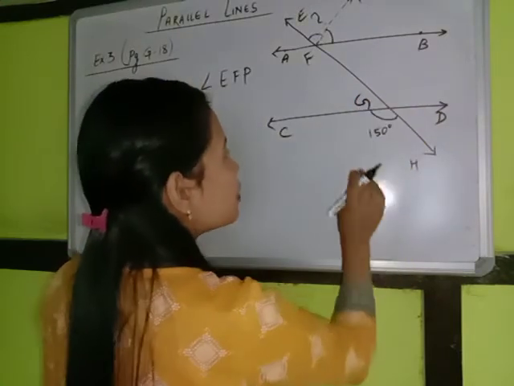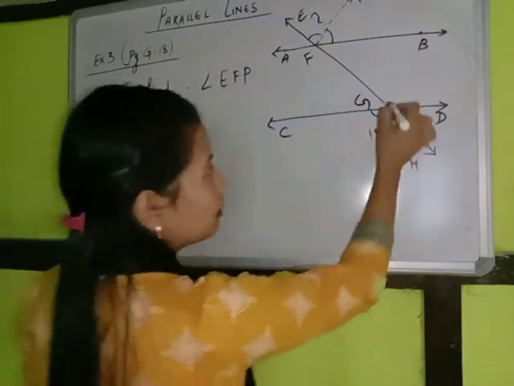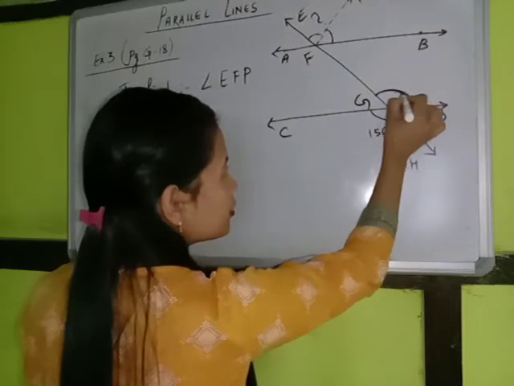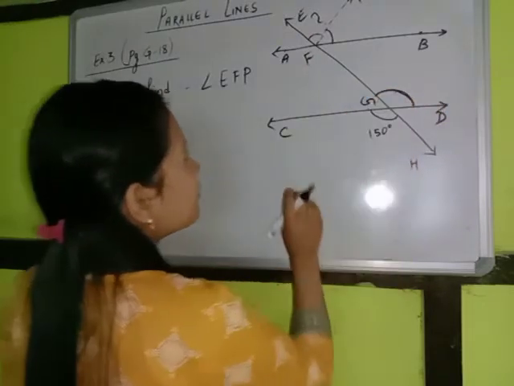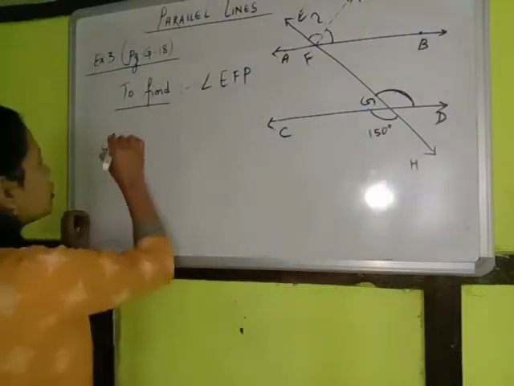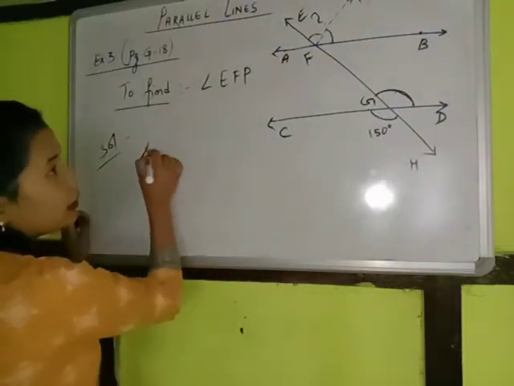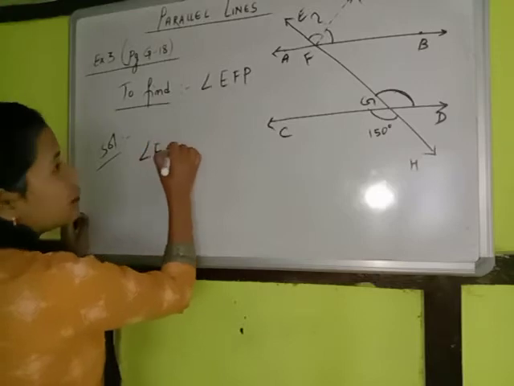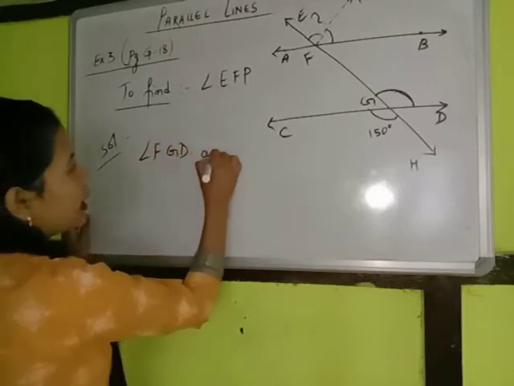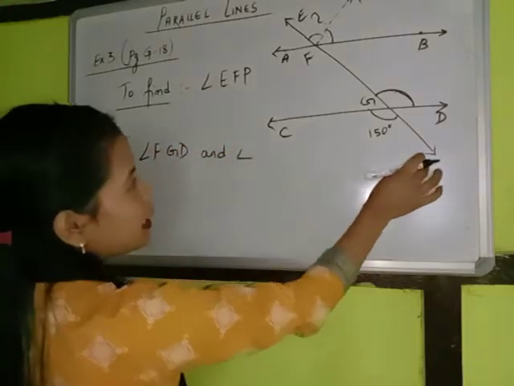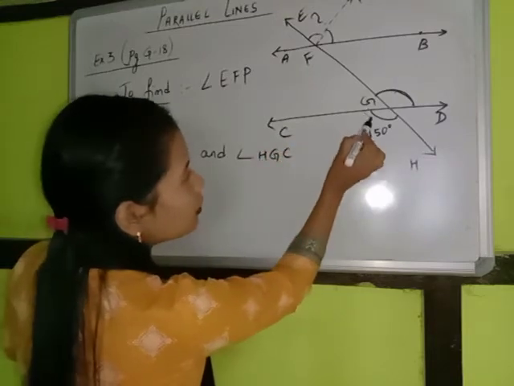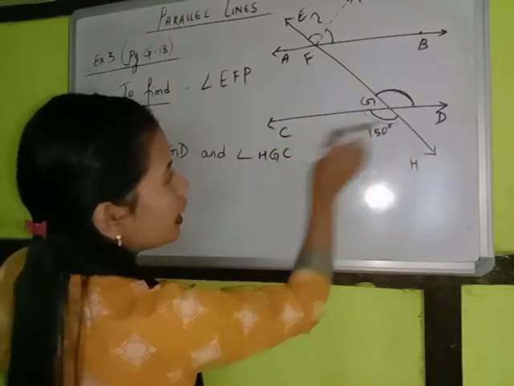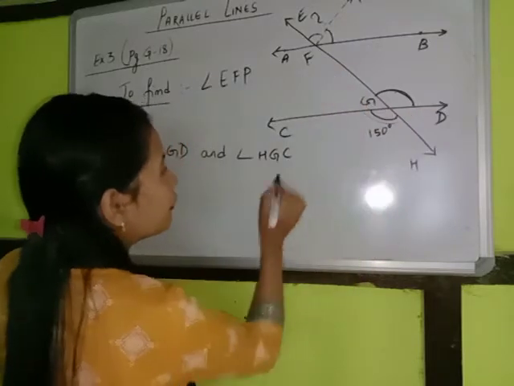The angle which is vertically opposite to this angle is this, right? I'll name this point Z. So this is the solution part. Angle FZD and angle HGC. I'm talking about this angle HGC and this angle DGF.